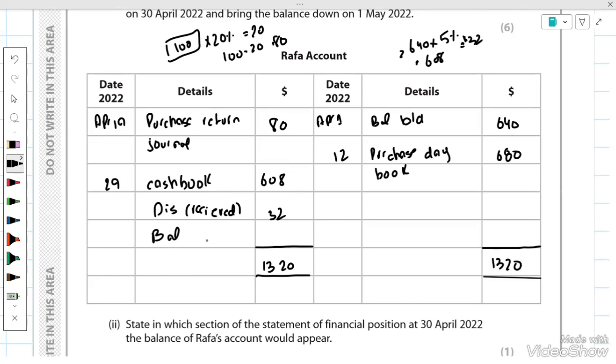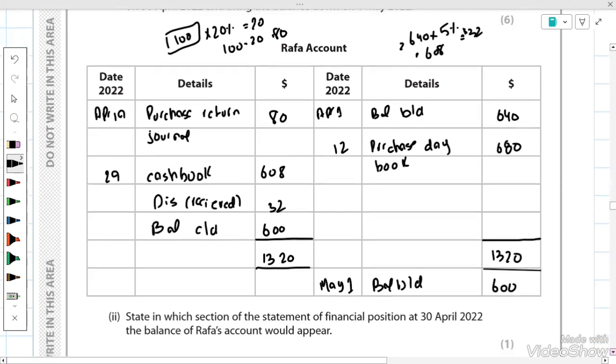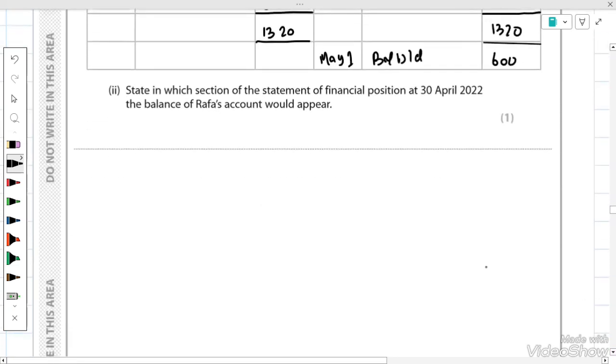So you will have your balance c/d, which is $600. And it will be your opening balance for May. It means that you still need to pay $600 to Rafa. Okay, so we are done with this part.